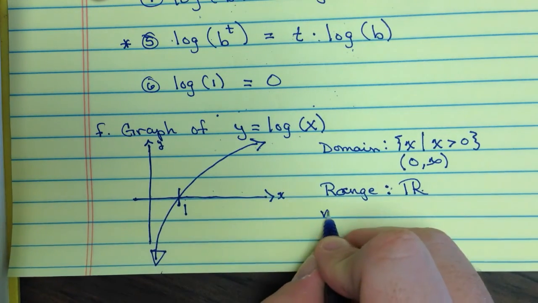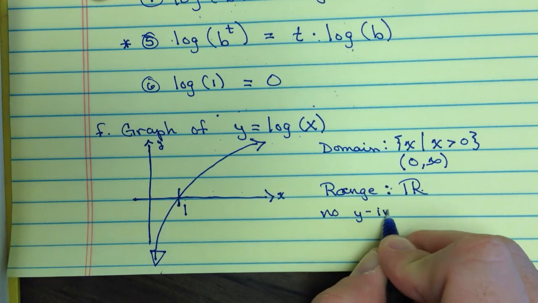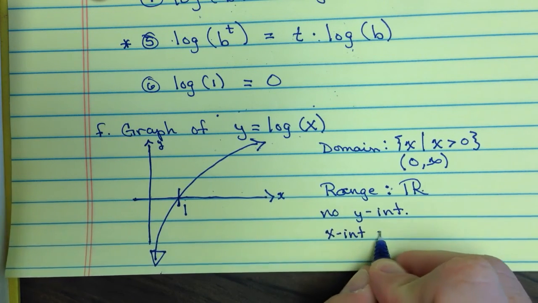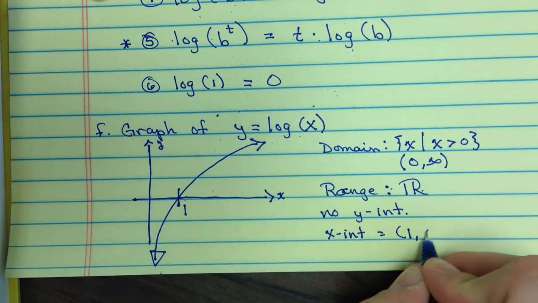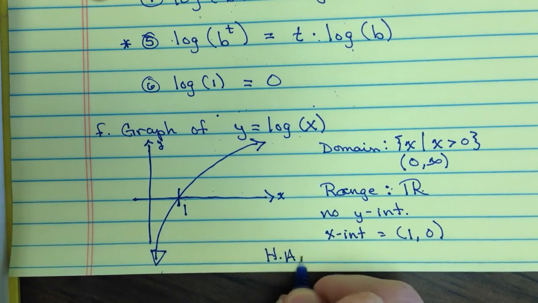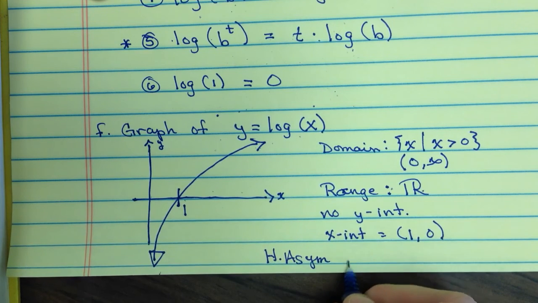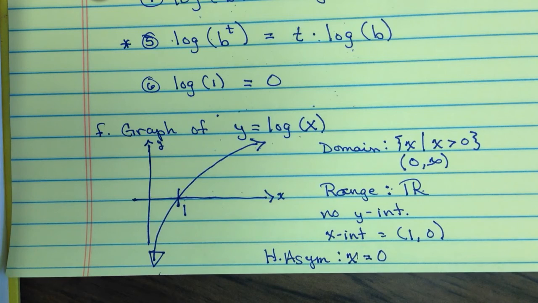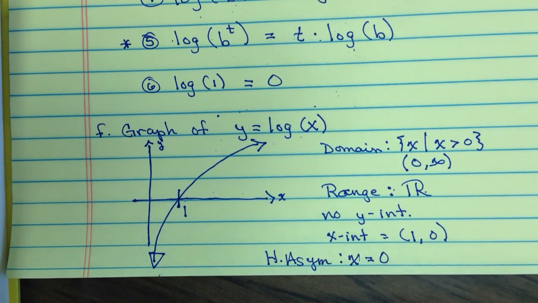There is no y-intercept. The x-intercept is (1, 0). And we have a vertical asymptote, x equals 0.